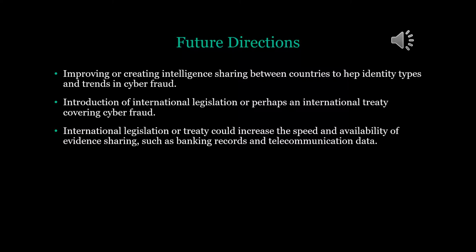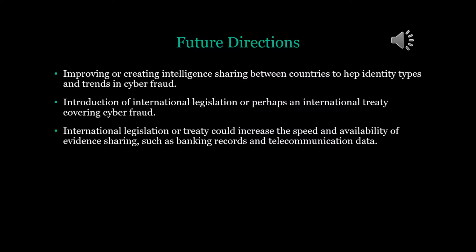At an international level, Australia is already involved in the Five Eyes project. We're sharing certain bits of information with five of our closest allies. Perhaps there could be an avenue explored through that in regards to a treaty or some sort of legislation covering further intelligence sharing.